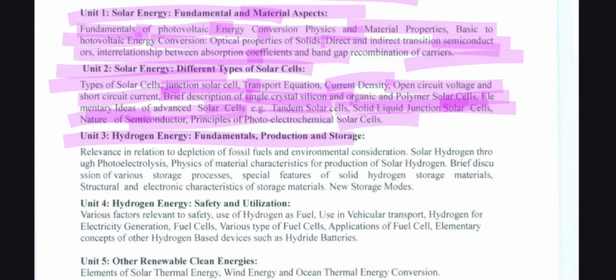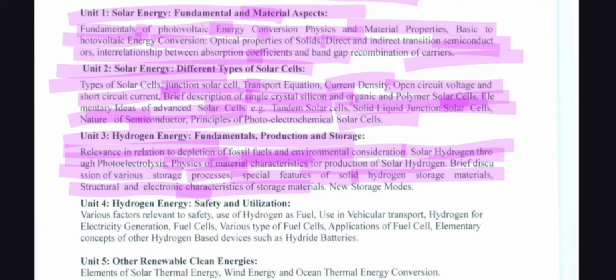Unit 3 is hydrogen energy, fundamentals, production and storage, relevance in relation to depletion of fossil fuels and environmental considerations, solar hydrogen through photoelectrolysis, physics of material characteristics for production of solar hydrogen, brief discussions of various storage processes, special features of solid hydrogen storage materials, and structure and electronic characterization of storage materials, new storage models.